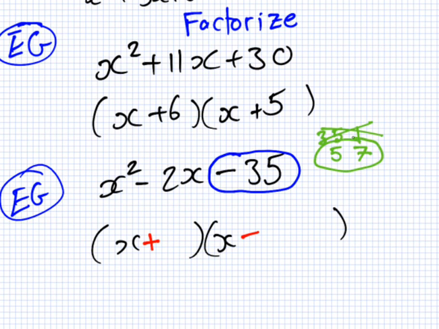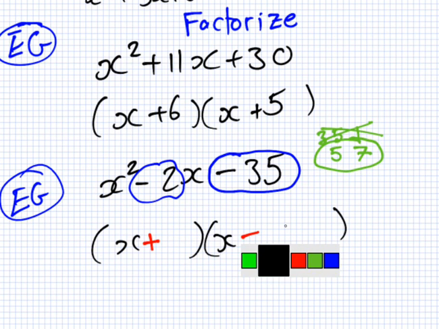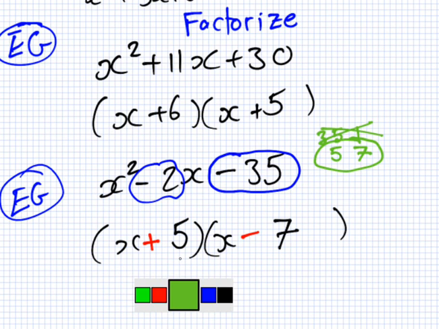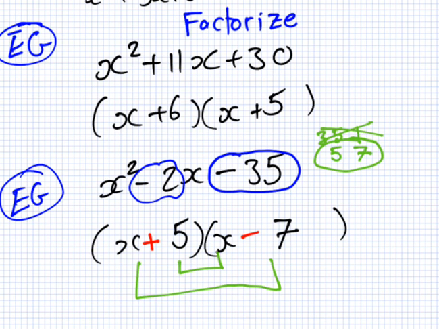X by 10 is 10x, and here 3x, and together that's 13x, not 11x. So sometimes for the more difficult ones you have to try a couple of times. Anyways, that's our first example. The answer is plus 6 and plus 5. Write this one down and then we'll do a more difficult one now.